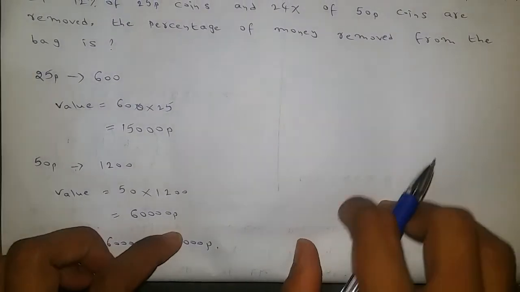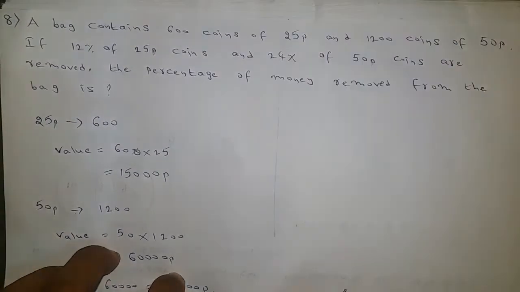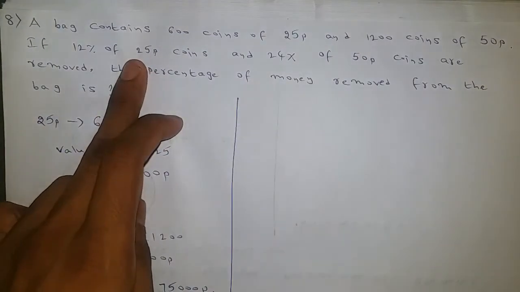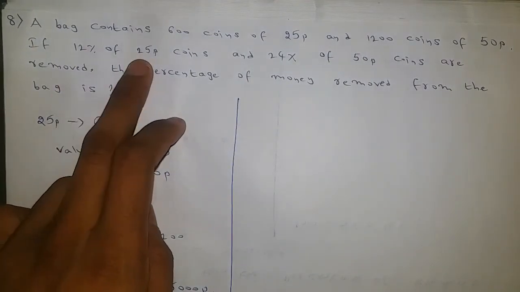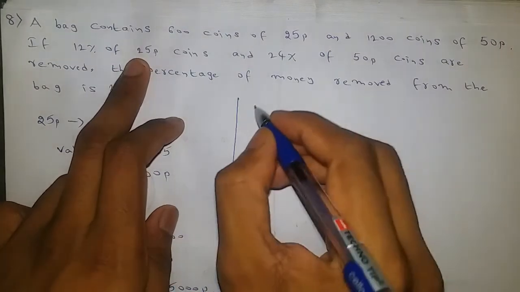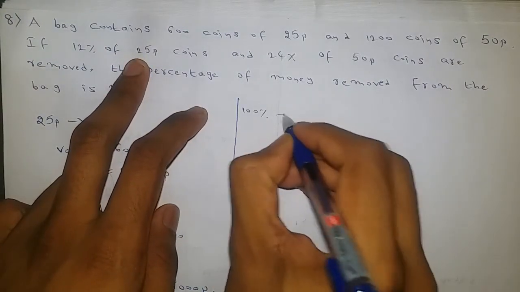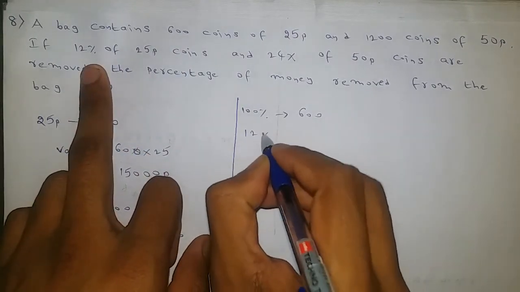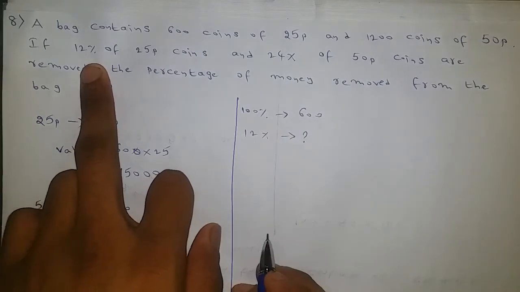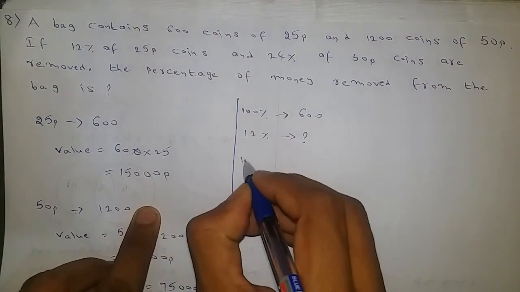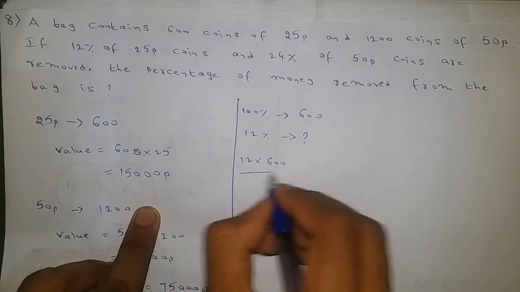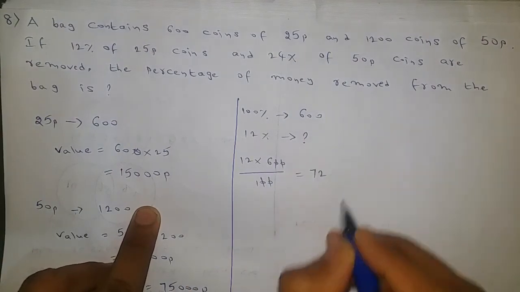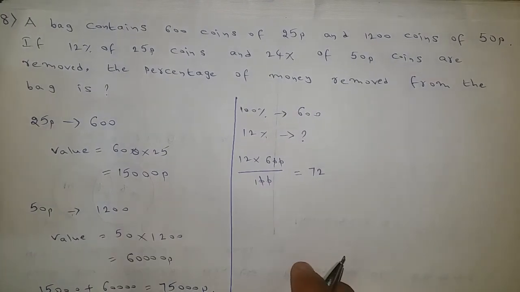Then, 12% of 25 paisa coins. 100% is 600 coins. Then he is asking about 12% of the coins. How many? If we cross multiply, we will get 12 into 600 divided by 100. Two zeros cancel, so we remain with 72 coins.